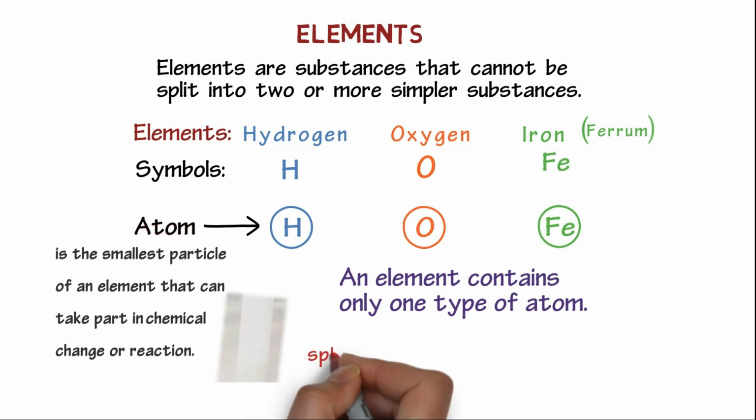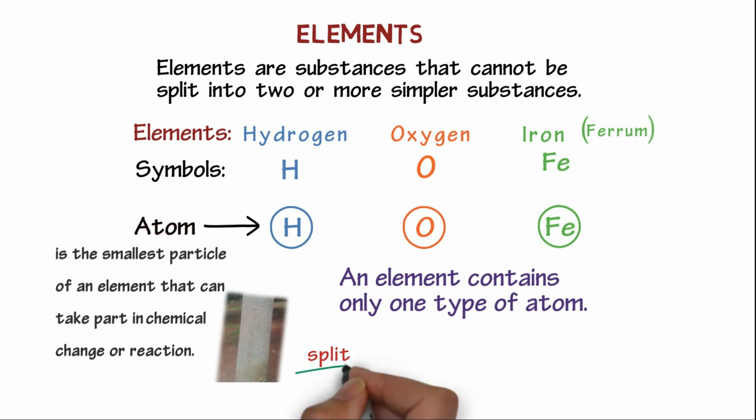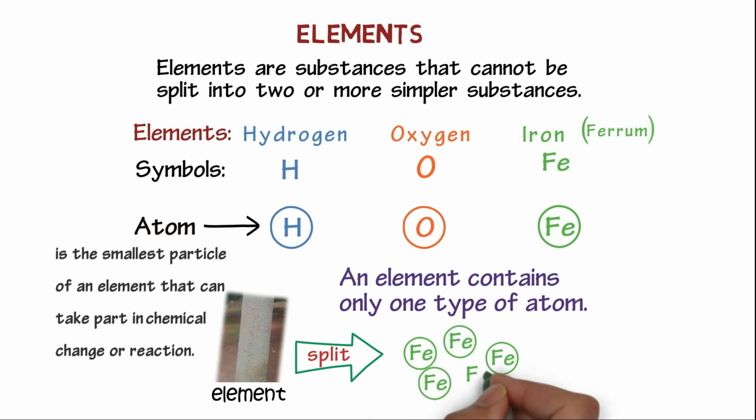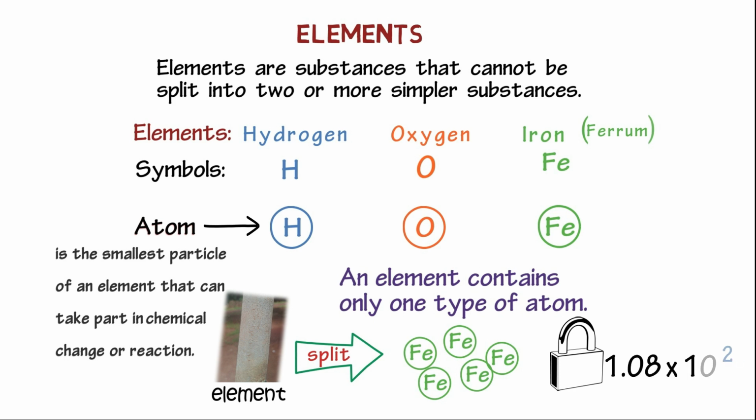For instance, if we are to split an iron rod, because iron is an element, we will end up with only iron atoms, showing that you cannot split an element into other substances. In fact, with simple calculation, it has been shown that 1 gram of iron block contains approximately 1.08 times 10 raised to power 25 atoms.